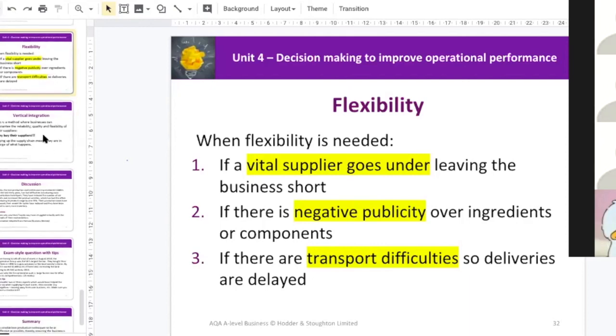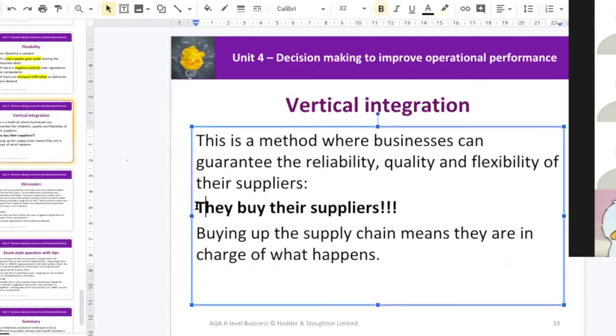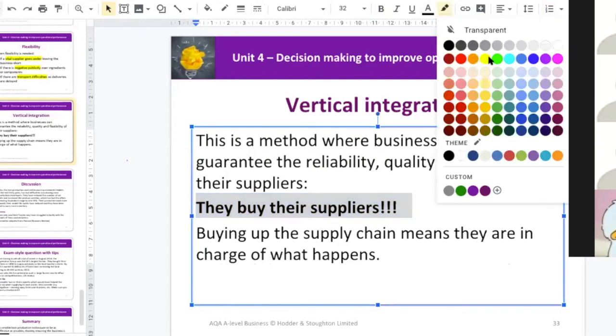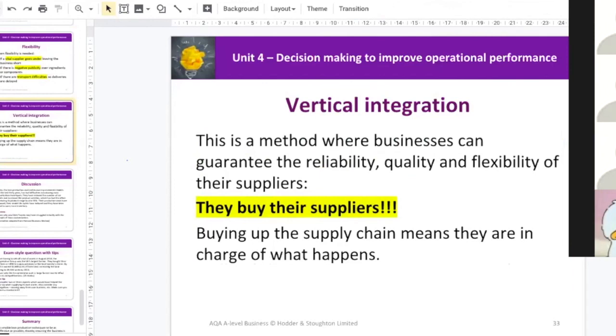Okay, there's one more thing I want to quickly talk about. It's called vertical integration. Now, these people, they just buy their suppliers straight away. If your company is big enough, if your company is very powerful, what you can do is something called vertical integration.